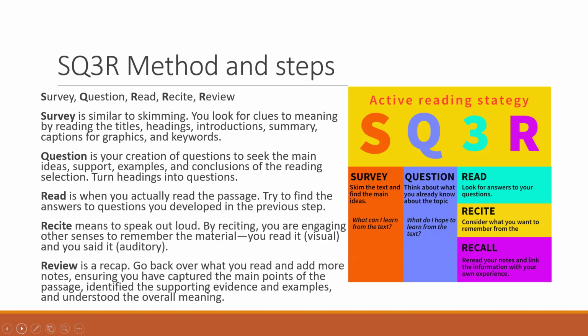So your visual, your auditory, see what you say, and now you're committing it to memory. And then review is the recap. You're going back over the information that you read, add more notes if needed, and ensuring that you have captured the main points of the information, identified through supporting evidence, examples, and understood the overall meaning. So that's the SQ3R. You survey, you question, then the three R's: read, recite, and review. Okay, so that's your active reading strategy.